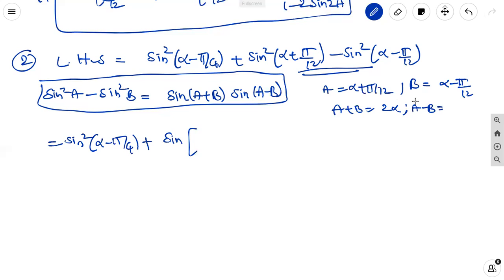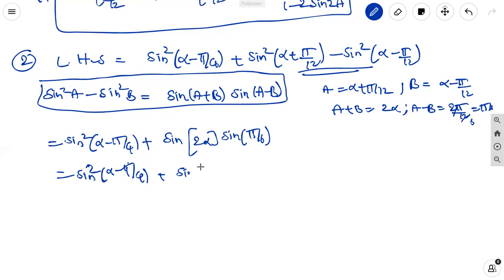A minus B is equal to pi by 12 plus pi by 12, alpha gets cancelled, that is pi by 6 we are getting. It is sine of 2 alpha into sine of pi by 6. It is equal to sine square of alpha minus pi by 4 plus sine 2 alpha sine pi by 6.